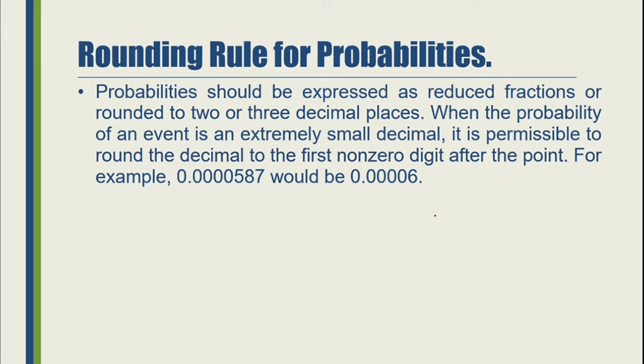For example, 0.000587 could be rounded off to 0.0006. Okay, this is the rounding rule for probabilities.